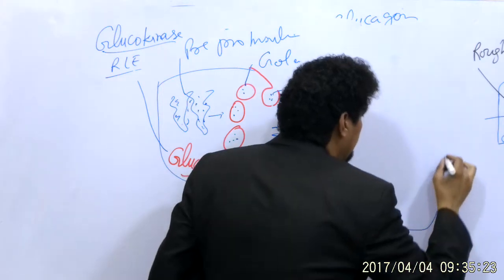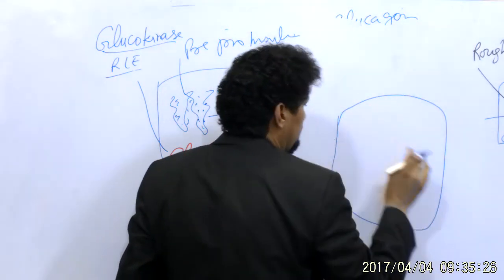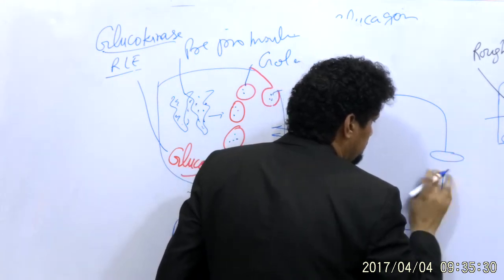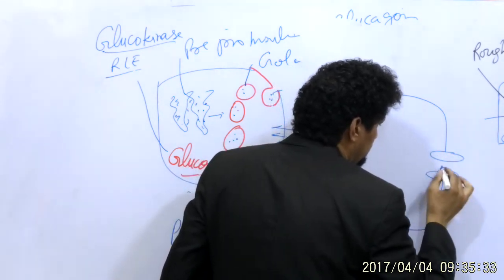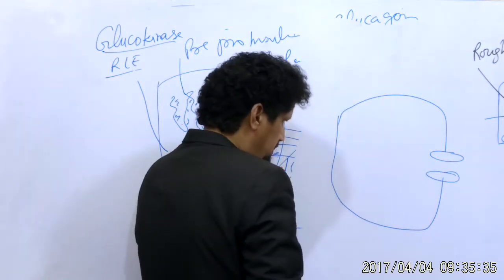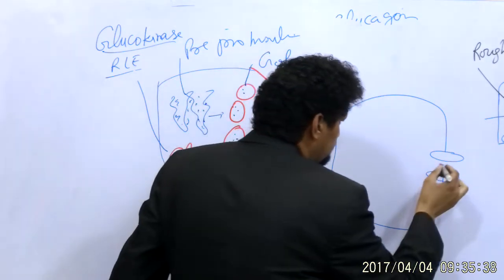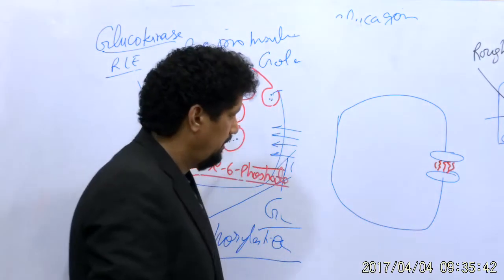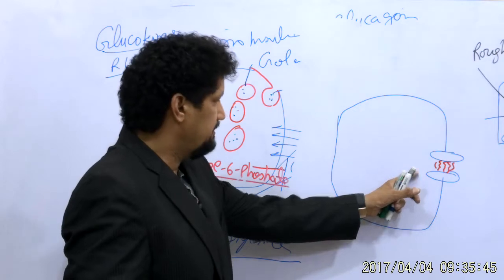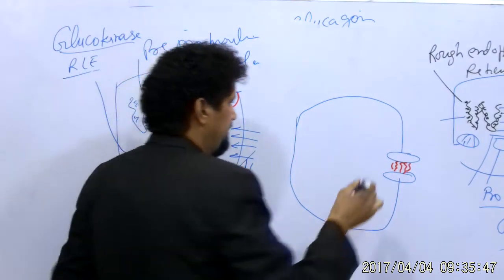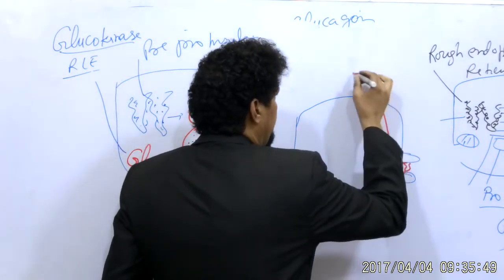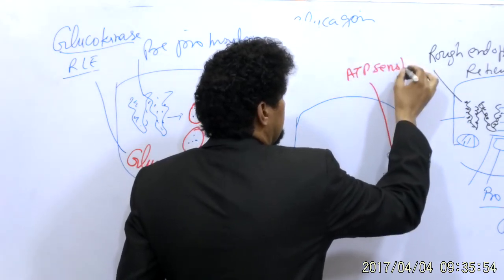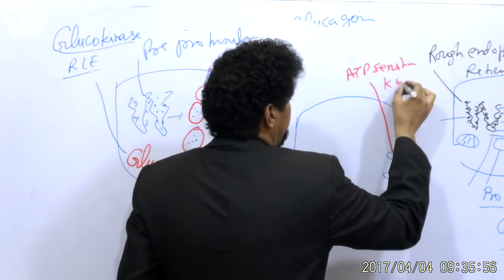This is again the beta cell. This is the ATP sensitive potassium channel.